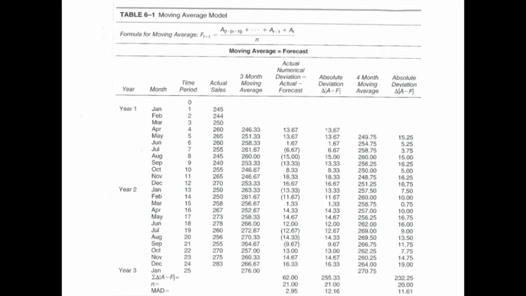Examining the two moving average approaches, the mean absolute deviation for the 3-month approach is 12.16 units per month. The MAD for the 4-month approach is 11.61 units per month. This suggests that the 4-month moving average approach is slightly more accurate on a month-by-month basis than is the 3-month moving average approach.